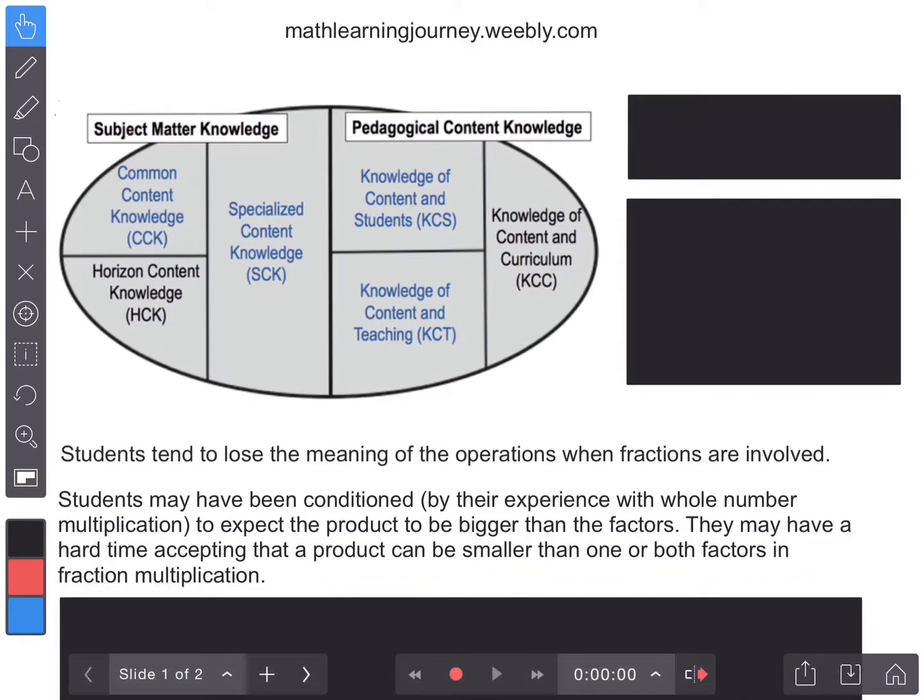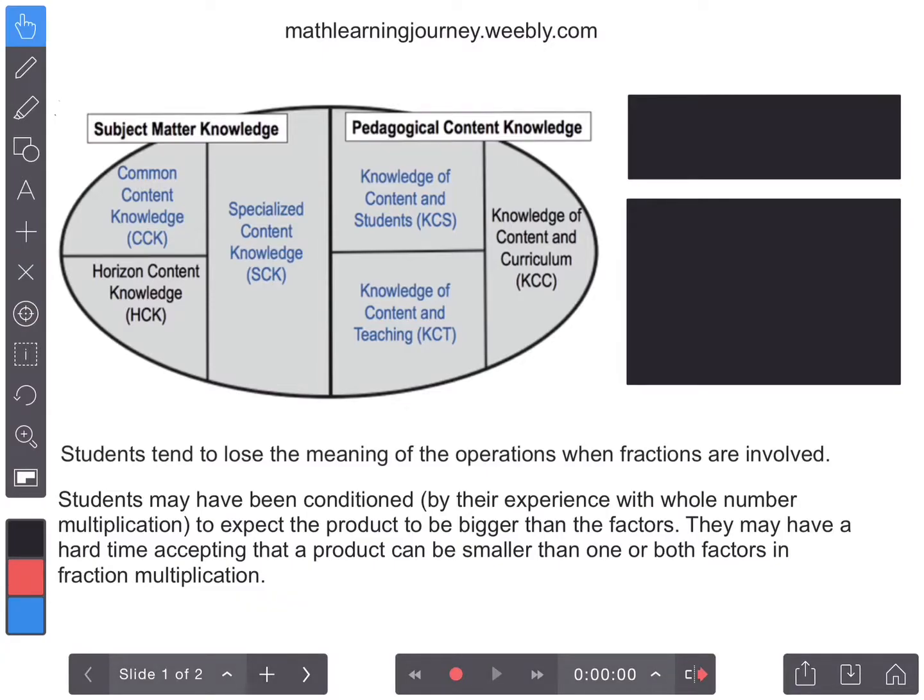Students may have been conditioned because of their experience with whole numbers to expect that the product is bigger than the factors in a multiplication question. And when this doesn't happen when they're multiplying fractions, they become confused and have a hard time accepting it. So one of the things we must do as teachers is to allow students to see what is actually happening in the operation so they can see that a smaller product makes sense.